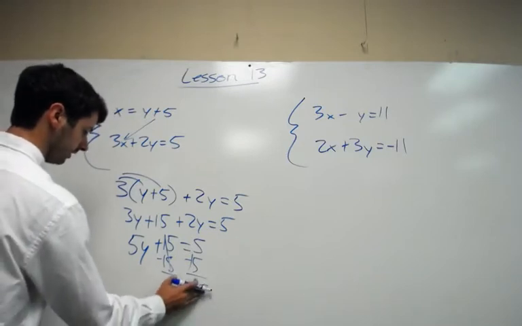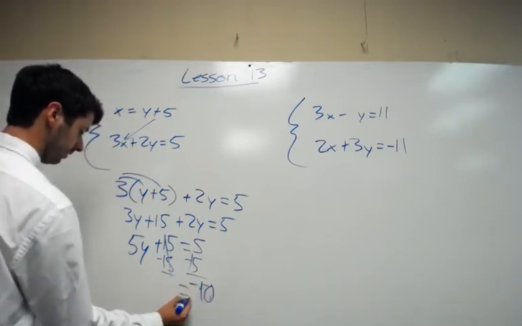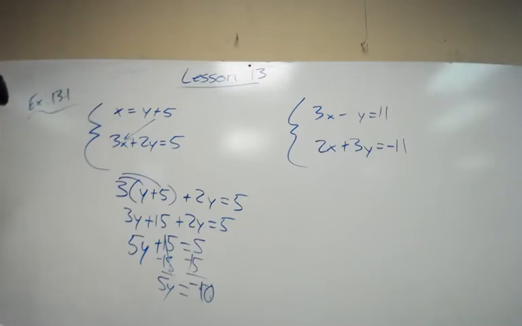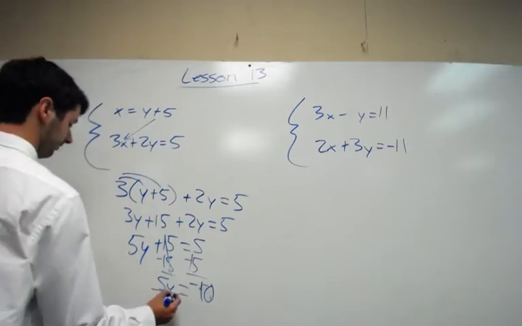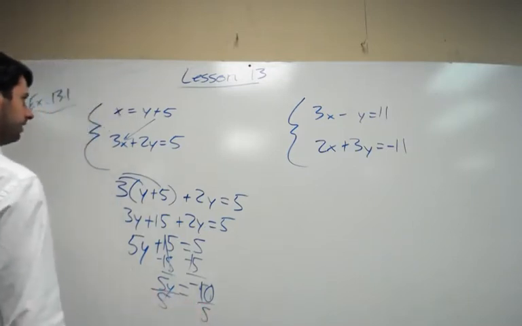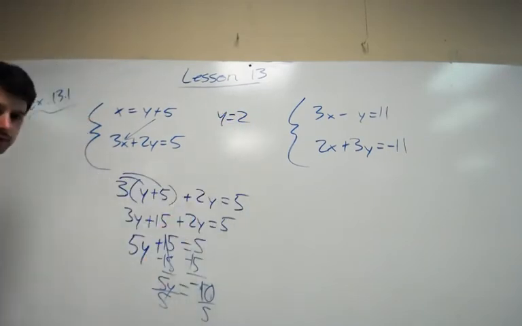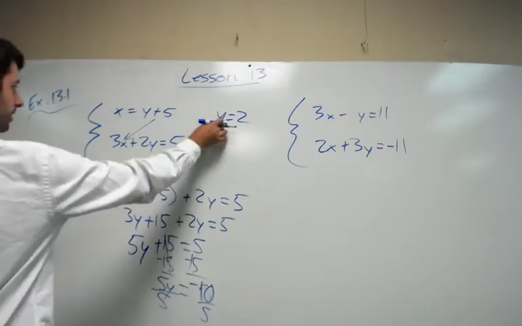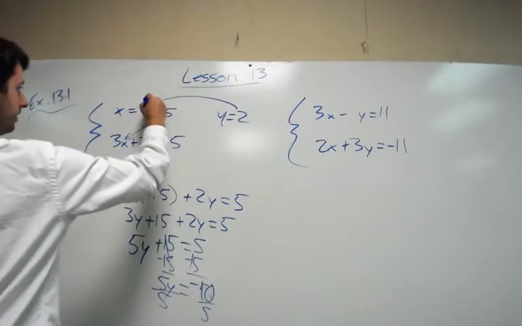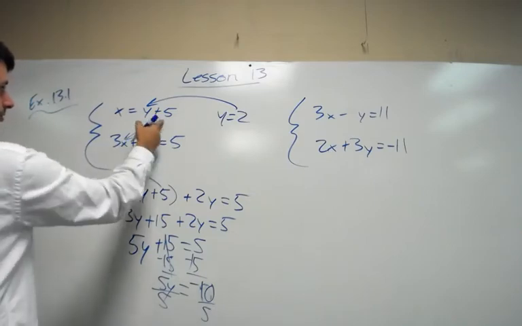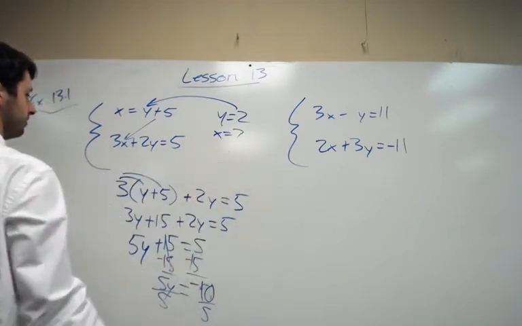Sorry, nope, negative 10, equaling 5y. Then you divide by 5 to find that y equals 2. Now once you know y, you can just plug in to find x. So if we plug that in right here, we'd figure out 2 plus 5, x equals 7.